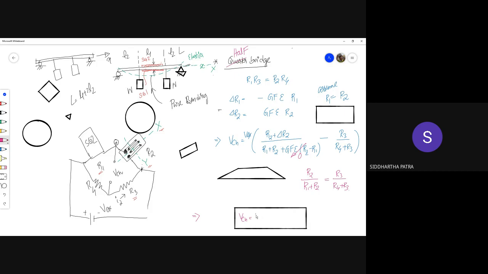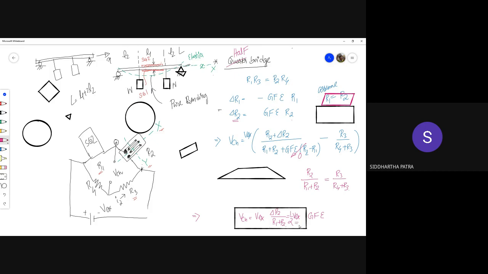So you have VCH equals Vx times delta R2 divided by R1 plus R2, which basically means Vx times, now substitute the expression for delta R2, gauge factor times epsilon, and R2 divided by R1 plus R2. But we have already incorporated R1 equals R2, which is half of this quantity.